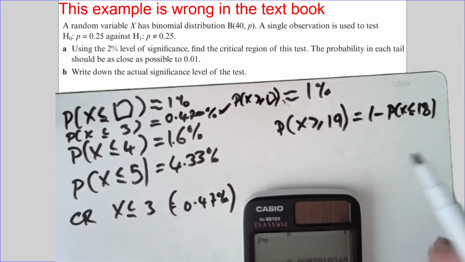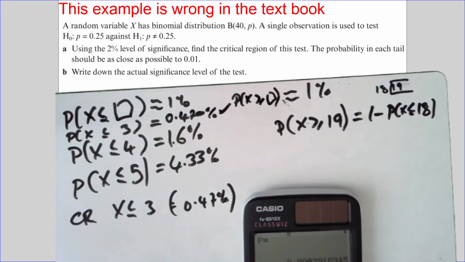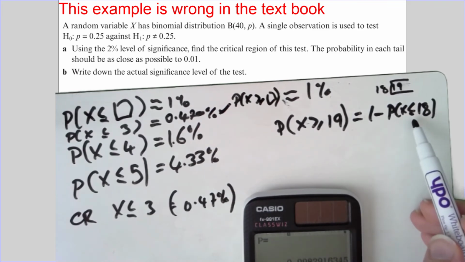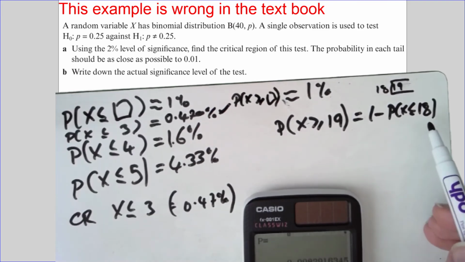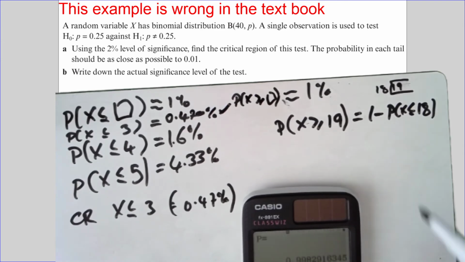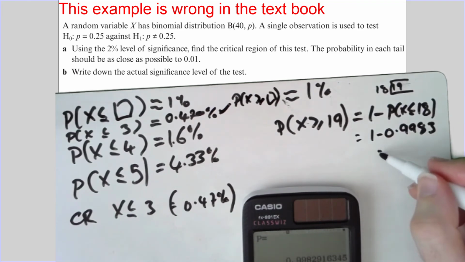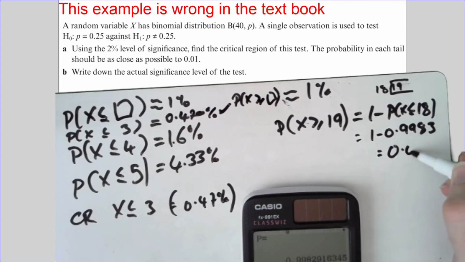So greater than or equal to 19 means we want all of this stuff, so we need to do 1 minus x is less than or equal to 18. Using our calculator, if we key in 18, this is 1 minus 0.9983, which is 0.0017.